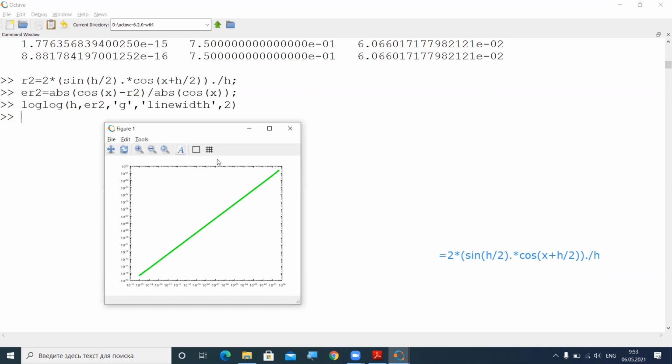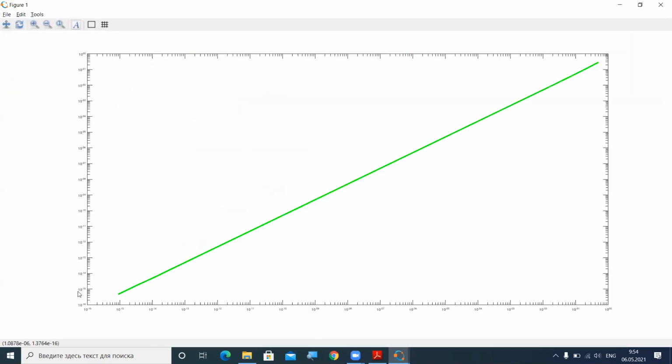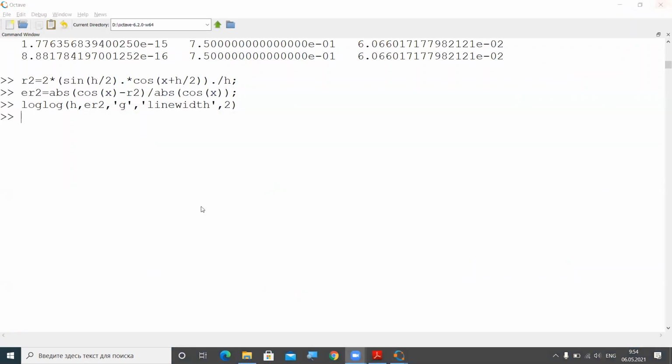You can see it's just a straight line. It will be a strictly increasing function. Is it clear how to use this approximation, finding relative errors, loss of significant digits? Yes. Thank you, Professor. Any questions?